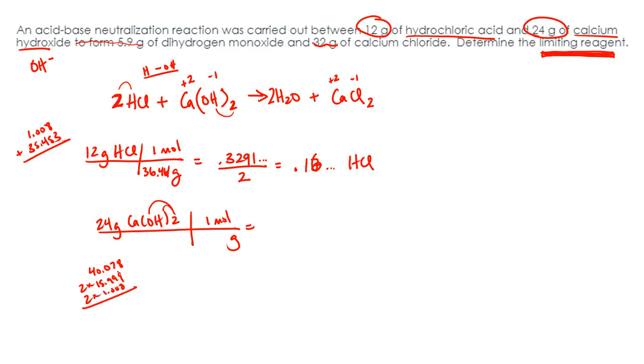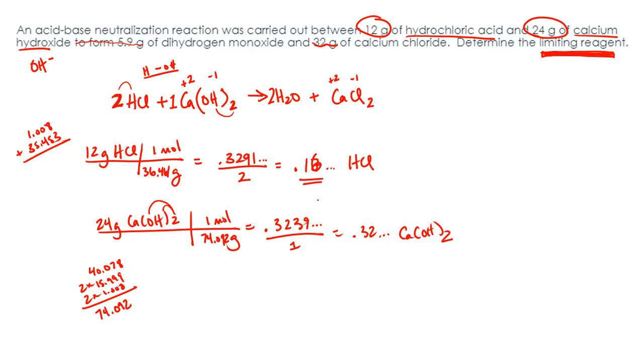Add those all up together, 40.078, 2 times 15.999, 2 times 1.008, gives us a grand molar mass of 74.092 grams per mole. 24 times 1 divided by 74.092 gives us 0.3239, lots of decimal places. Divide by our invisible 1, leaves that at a 0.32, lots of decimal places.